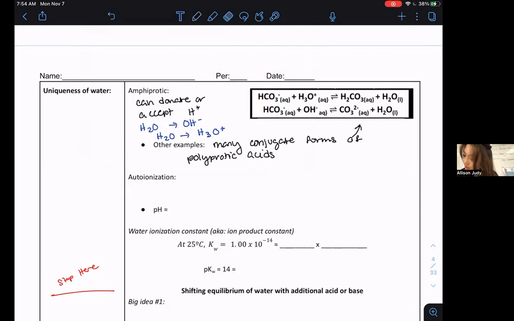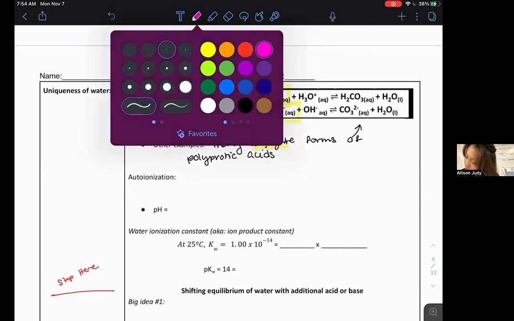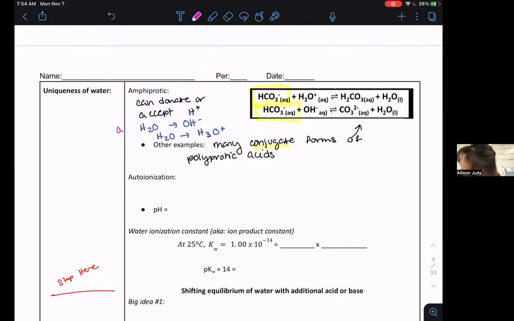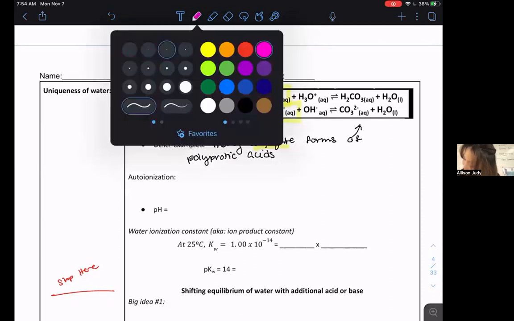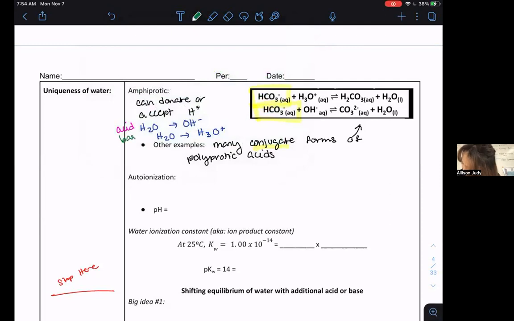I'll even highlight it here, conjugate, and it is this conjugate right here that we see. And I'll quickly label this: this is water acting as an acid, and this is water acting as a base.